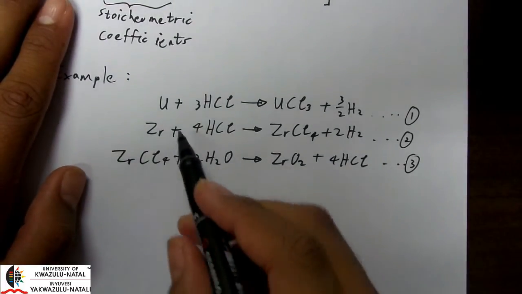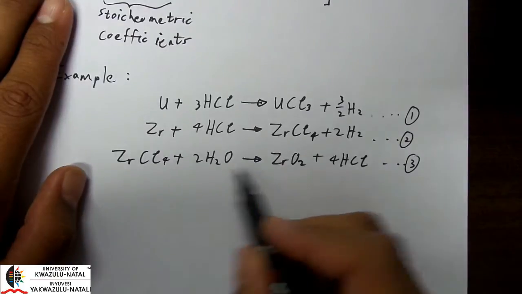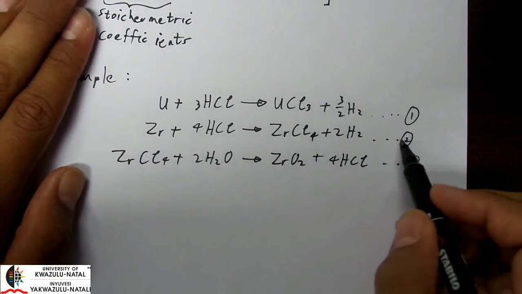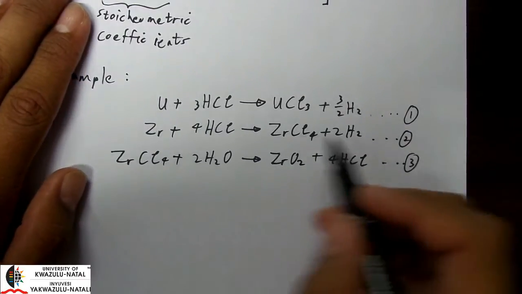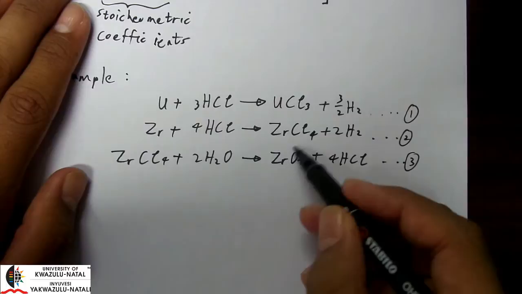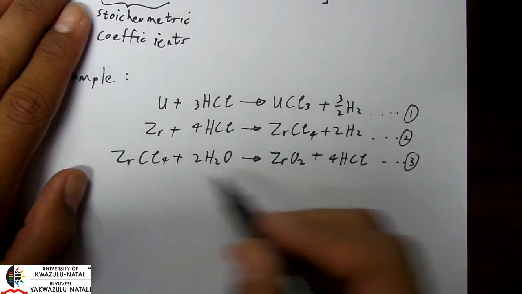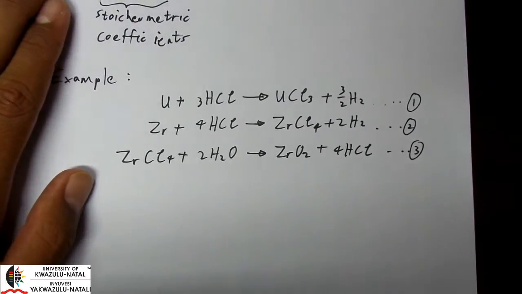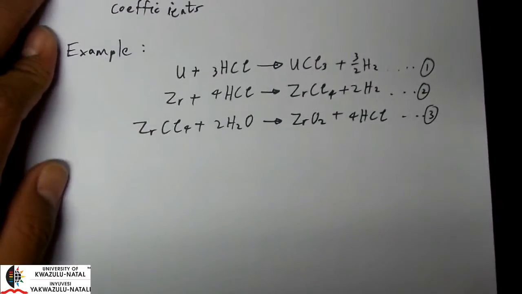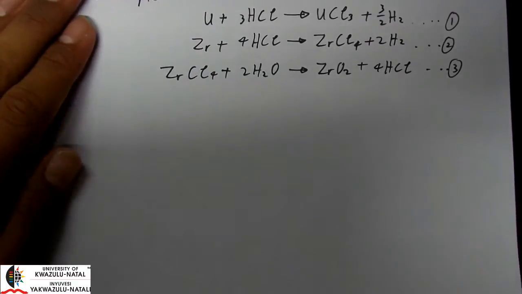We have zirconium in the second reaction, which doesn't occur in any of the others. So the second reaction is also independent. And for our third reaction, we have our zirconium oxide, which doesn't occur in the other two. So we can also infer that the third reaction is independent. But how do we prove this mathematically in a rigorous method?